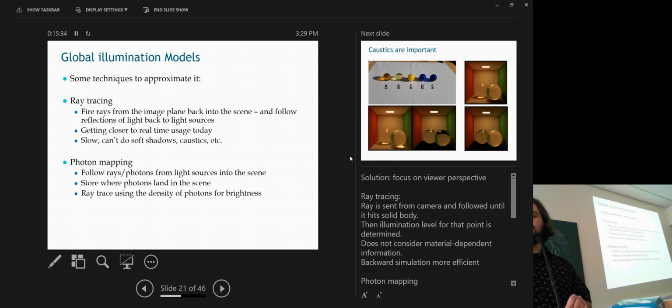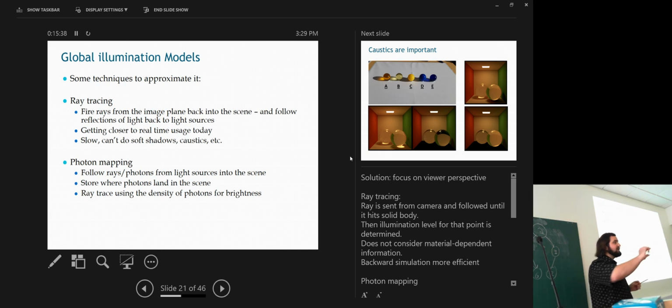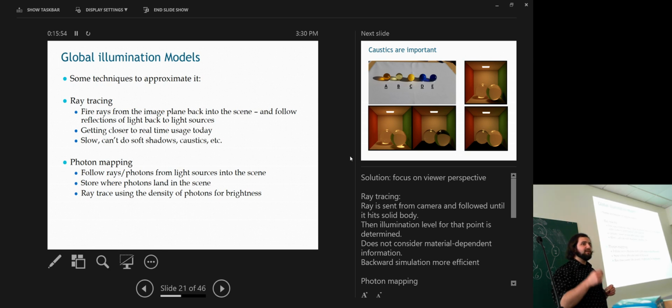So you fire a ray from the observer into the scene, and it hits some solid body, and by firing these rays you find the closest intersection, and then you find the luminance values for that point. So you start from the observer, hit the surface, see what the illumination is at that point, and calculate it that way.